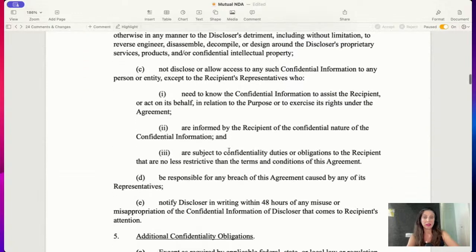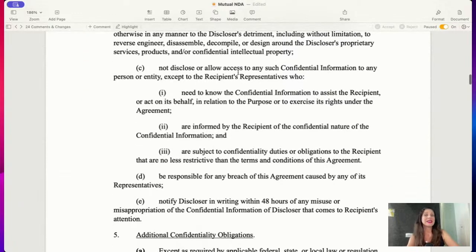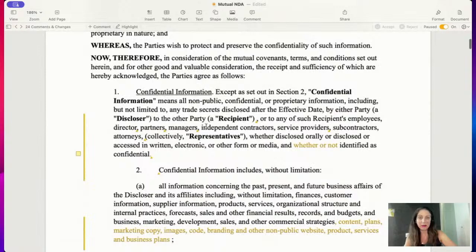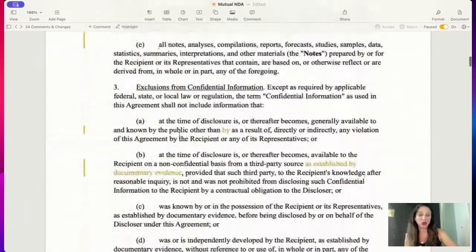Okay. So any person or entity, this is where, remember how earlier we saw that they had in their representatives, they had listed independent contractors, service providers, and subcontractors, attorneys. These are usually third parties, right? They're not ones that they have ultimate control over.